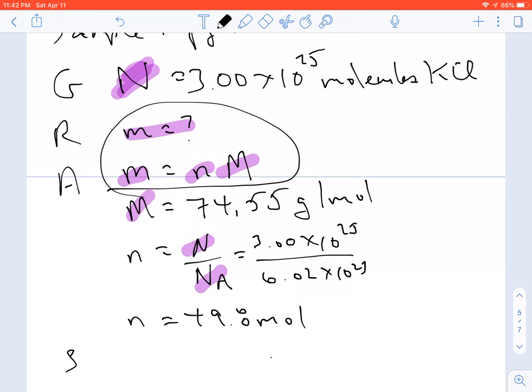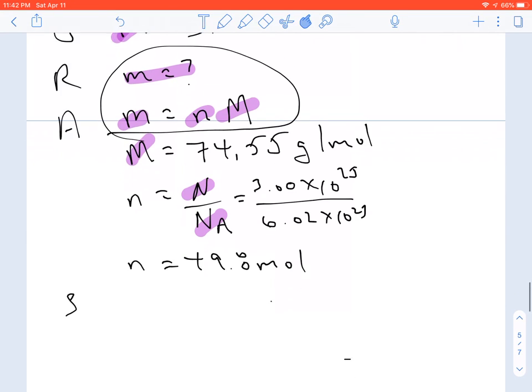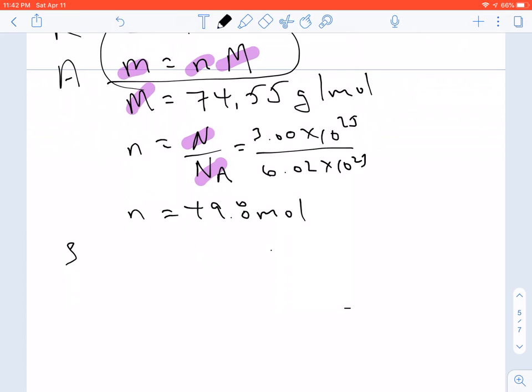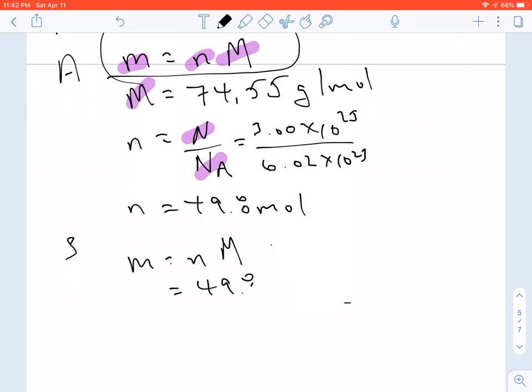Now I'm going to solve by substituting in mass equals n times big M, or 49.8 moles times the molar mass of 74.55 grams per mole, and I'm getting 3,715 grams.